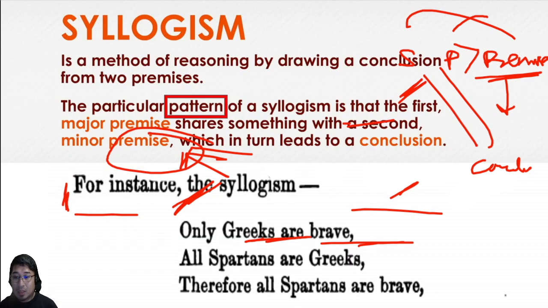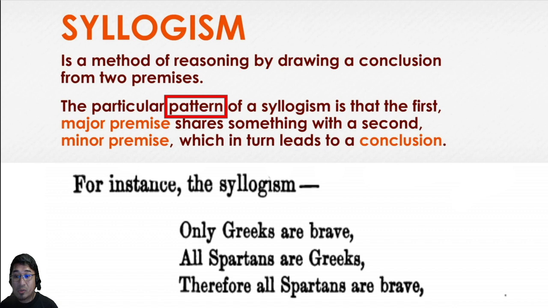Now, under logic, the logic uses two common rules. The rule of syllogism and then the rule of inference. Now, let's discuss the difference between syllogism and then inference. Halos pares lang naman sila. But for syllogism, kunin natin yung keyword na interpolate or interpolation. There's a pattern.